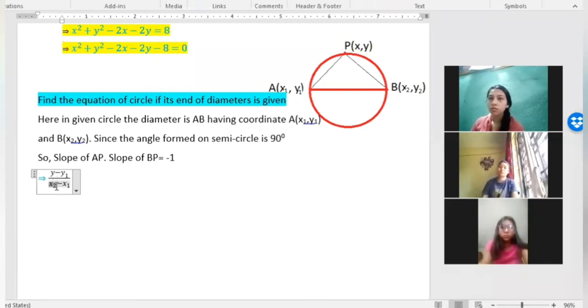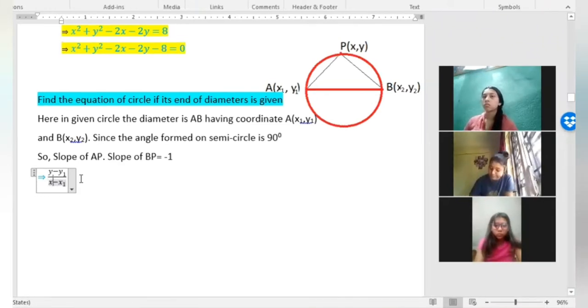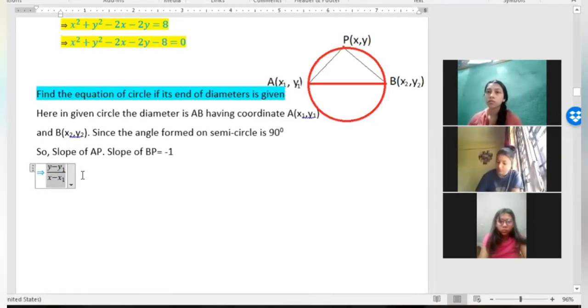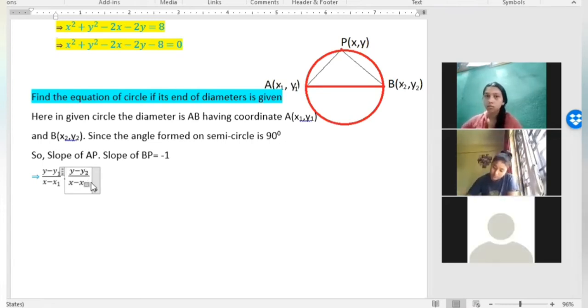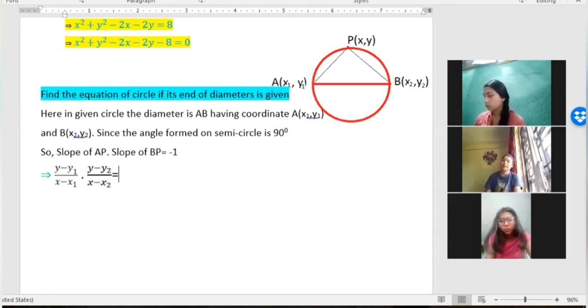Similarly for BP, tell me. y minus y2 by x minus x2 equals minus 1.